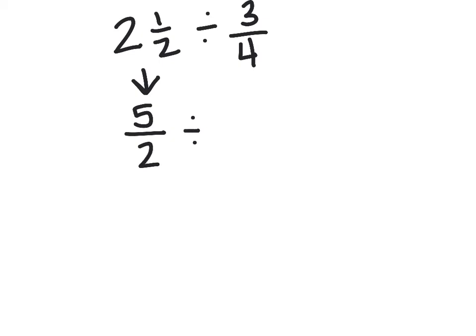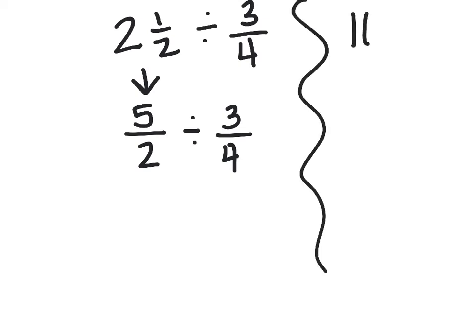So I can change this to 5 halves divided by 3/4. Now the idea behind the keep, change, flip model is that if we have a problem such as 10 divided by 2, our answer is 5, right? So if we have 10 items, we divide them into 2 groups, there would be 5 in each group.